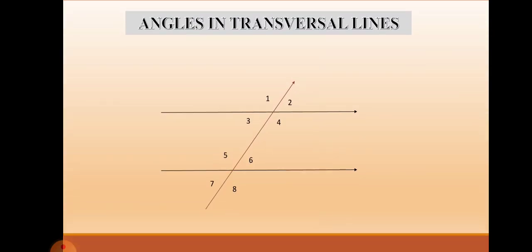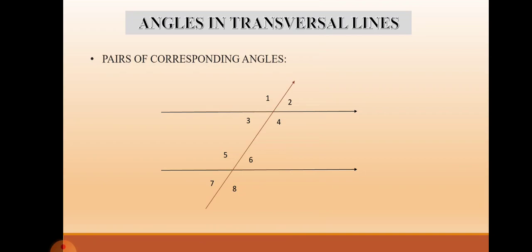And the next very important one is corresponding angles. We cannot say them individually; corresponding angles are pairs, so we have to take two angles. Here 1 and 5 are both corresponding angles. Corresponding means on the same side.